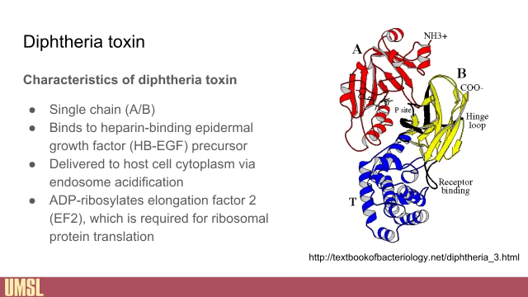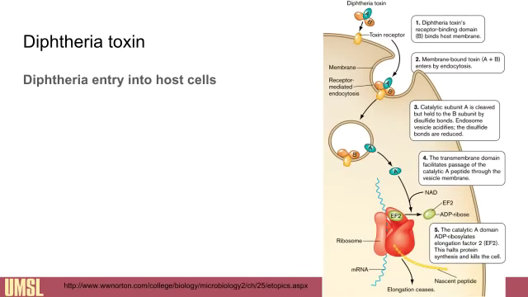And if we look structurally, there's also this other kind of domain in here that basically this whole thing here we can think of as this receptor binding B domain, and then this A active site domain up here. So this binds to that growth factor that's on epithelial cells and results in uptake in a small vesicle.